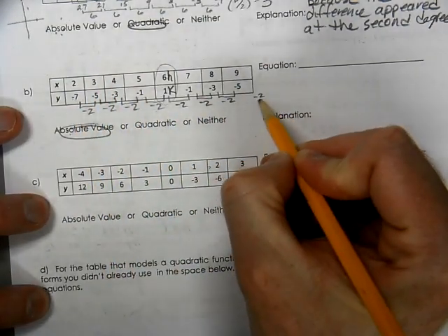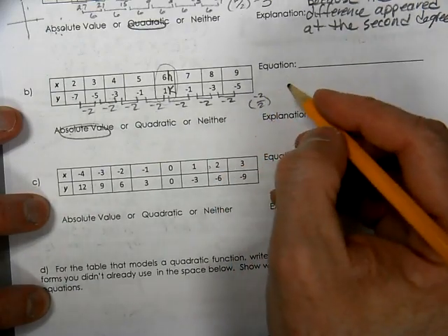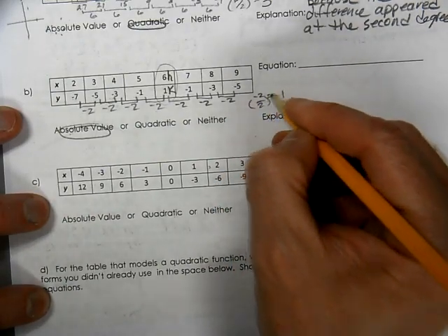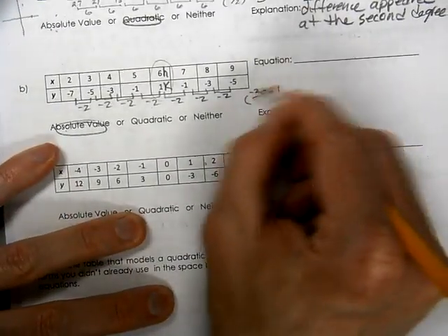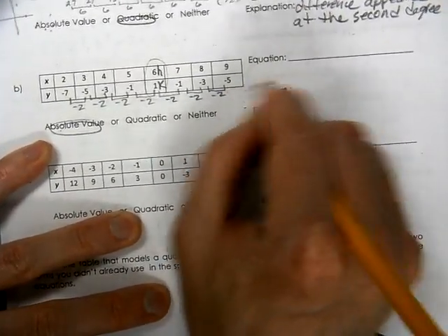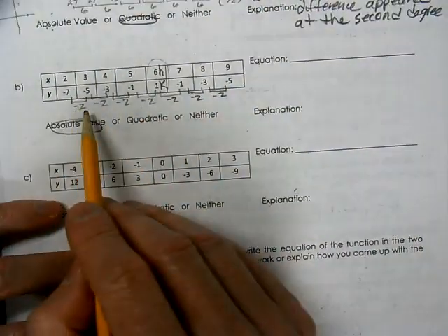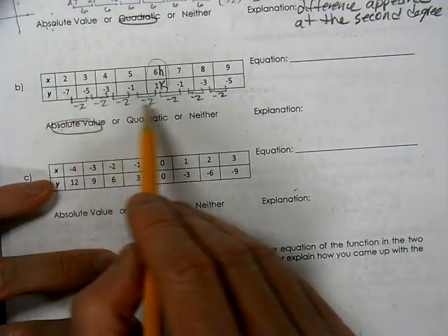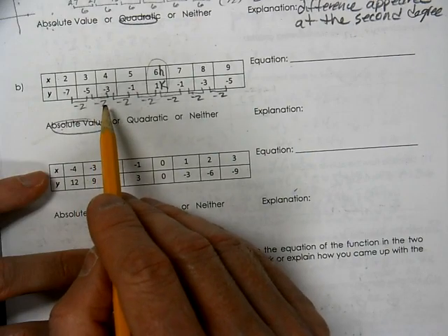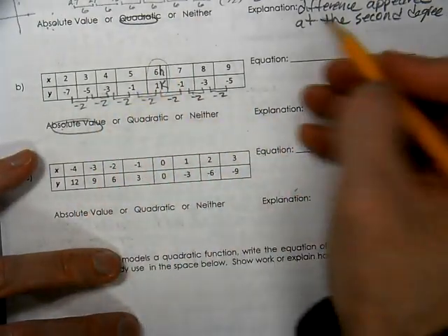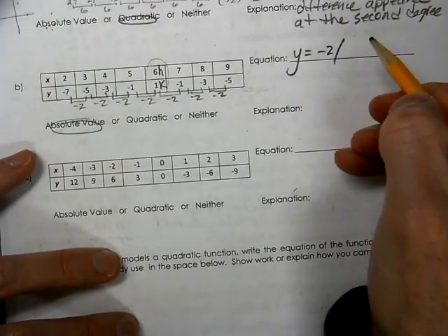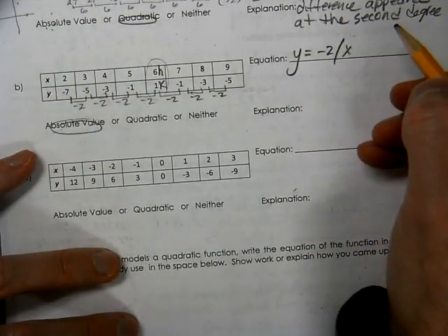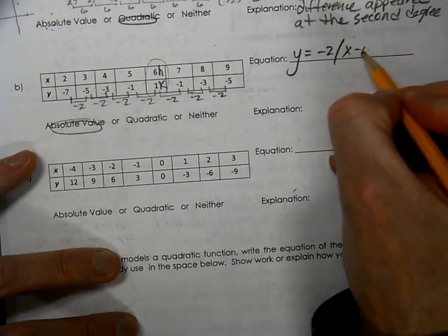So we do the negative 2 divided by 2, which is negative 1. Well, wait a second. This is just showing our slope. Okay, so we have a slope of negative 2. We don't take half of it. Sorry. y equals, for the absolute value, negative 2 times the absolute value of x minus 6, plus 1.